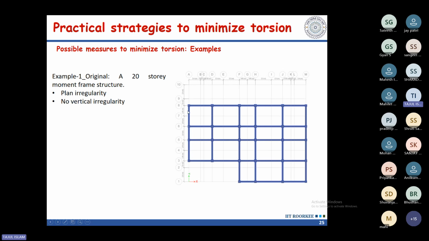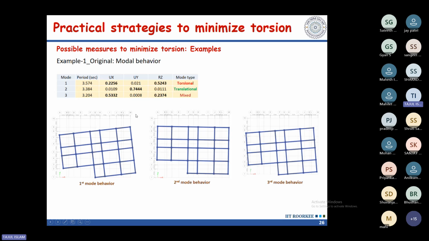This is a 20-story moment frame building, and it has plan irregularity, as you can see here, but there is no vertical irregularity. So the floor plan is the same for all the stories. Then when I determined the mode shapes and time periods, this is what I got. In the first mode, this is the time period.